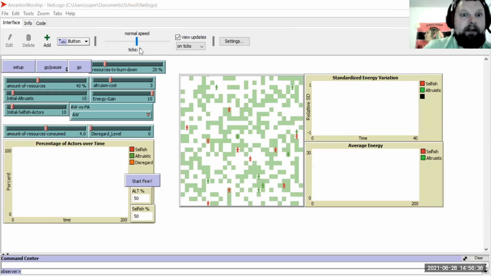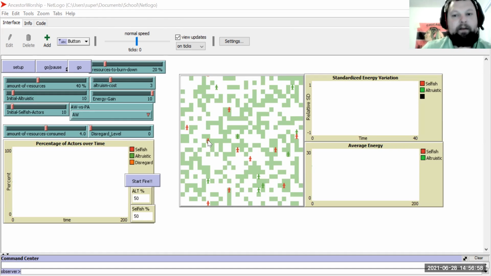Again, I hope you can see my mouse. If not, look around until you see ticks. It's at the top. Every 10 ticks, if an agent has enough energy to reproduce, they will reproduce and give their energy to their offspring. How many offspring an agent has depends on how much energy they've accumulated.